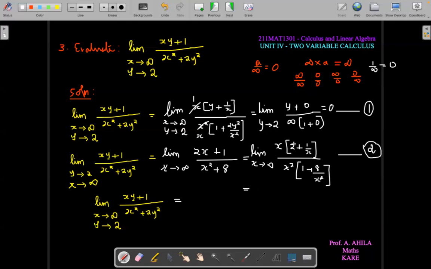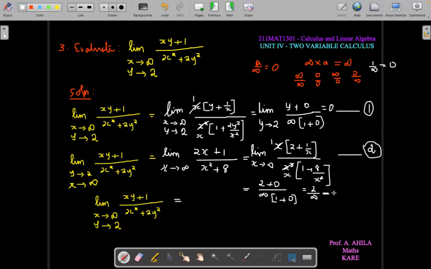Now when I substitute x tends to infinity, now see what happens. Here we can cancel 1 x. Okay, so we get 1 by x. And now when I try to substitute x tends to infinity, I don't write this limit x tends to infinity. Immediately I am substituting. So here 2 plus 1 by infinity is 0. By here infinity, instead of x, I substitute infinity into 1 plus again 0. So what I get? Some 2 by infinity. 2 by infinity is 0 again.